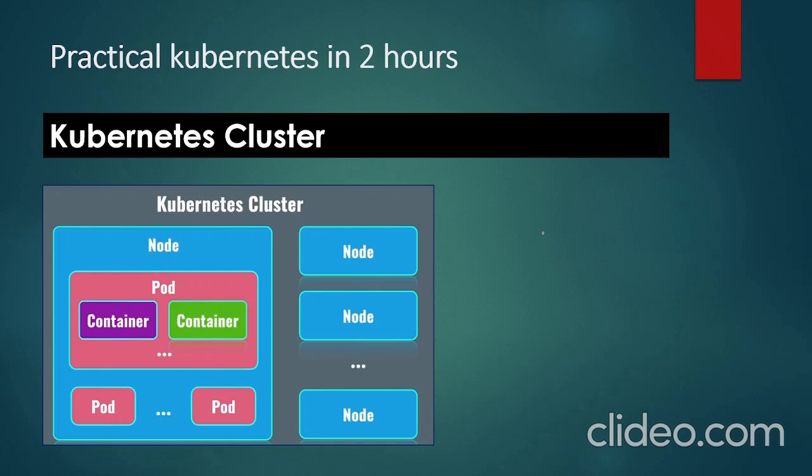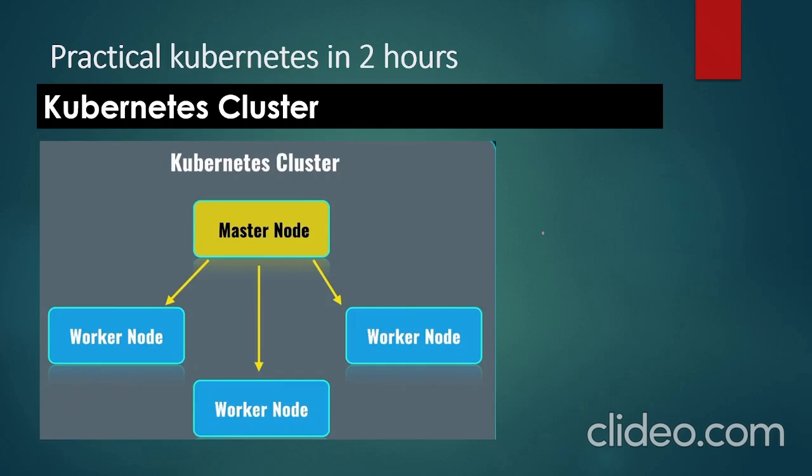So this is how the Kubernetes cluster looks from the bird's eye view. Talking about within the Kubernetes cluster, we have a concept of master nodes as well as worker nodes. The master node runs system pods, which are quite essential for the effective functioning of Kubernetes.